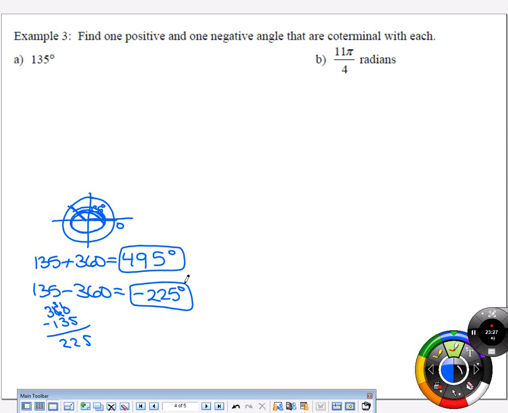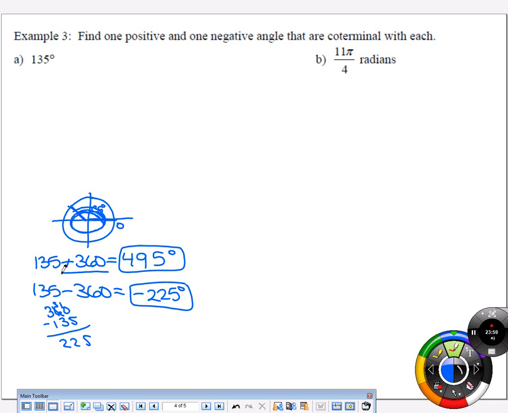So ways that we can get positive coterminal angles just numerically. So let's say you didn't want to draw the picture every time. How could you summarize to someone, if you want to find another positive angle that ends up at the same place as that one, you should do what? What did we do numerically with the numbers to figure out another positive angle that was coterminal with 135? We took 135 and we added 360 to it, right? Right here.